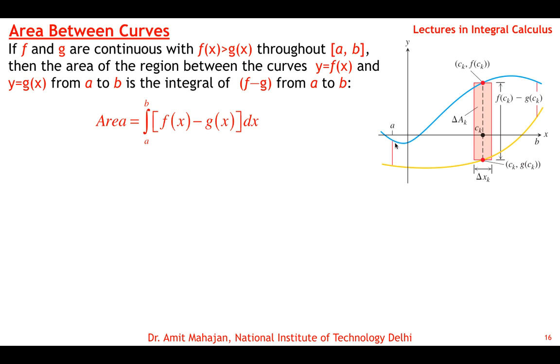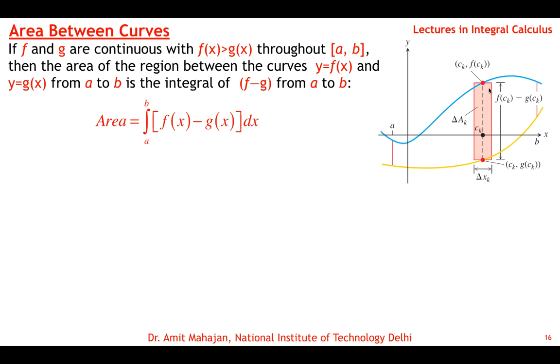If we take the partition of this interval a to b, by taking points x0, x1, x2, and so on, and this is your kth subinterval with width delta x k, and we choose any point ck here, you can see that this point will be ck, f(ck), and the corresponding point here will be ck, g(ck).